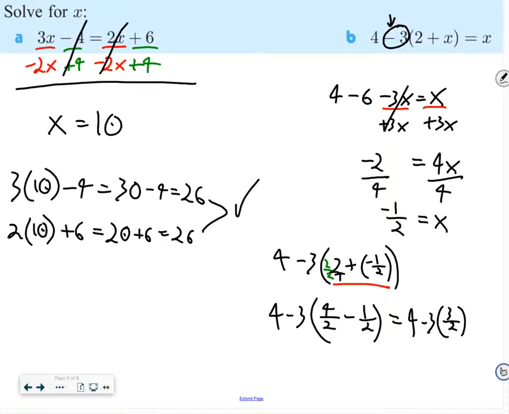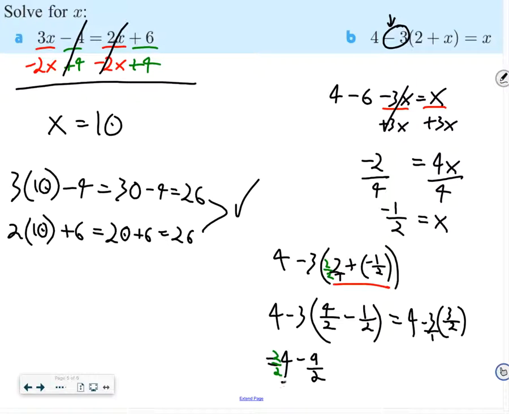Continuing on simplifying that, I'm going to do negative 3. You can treat this as over 1. Negative 3 times 3 over 2 is negative 9 over 2. Again, I have an issue of trying to subtract and not having common denominators, so I'm going to multiply this by 2 over 2.